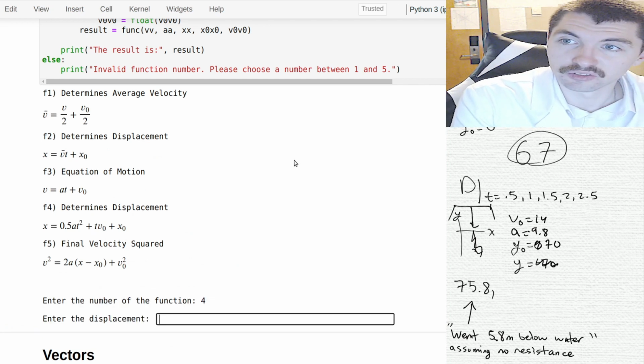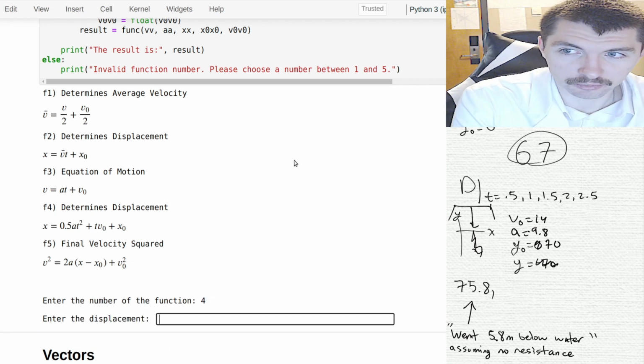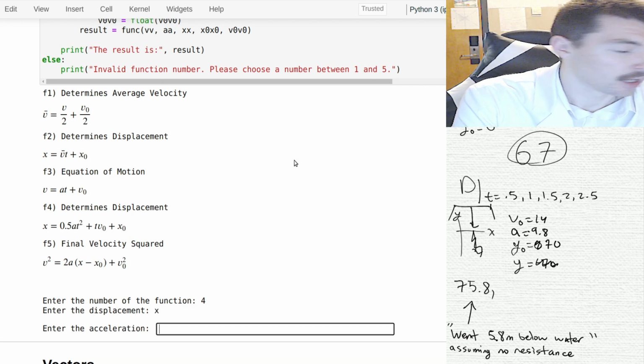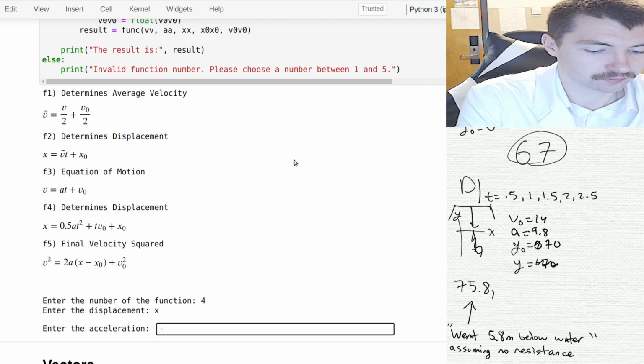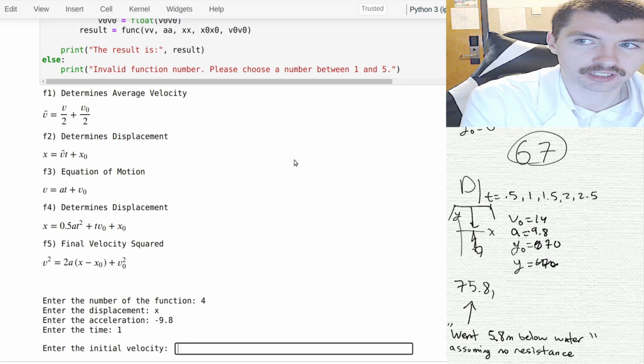So we're going to do it for the next numbers. Displacement. Excuse me. Times 1.